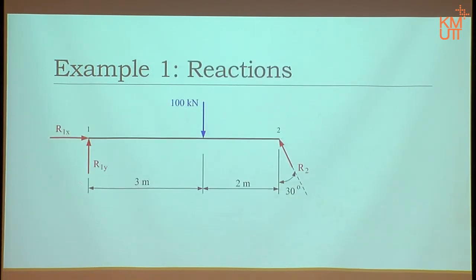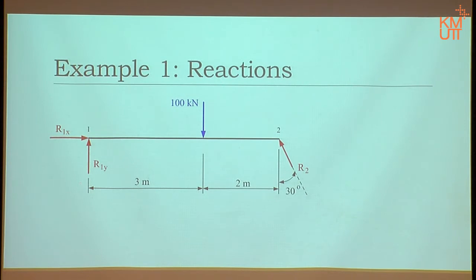To find this, apparently we still need reactions. So I emphasize, if you suffered in the mid-semester exam, revise quickly, because you will suffer even more if you don't recover. Because then we need to find the reactions first before we find the internal forces. Okay?